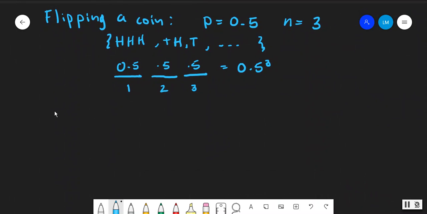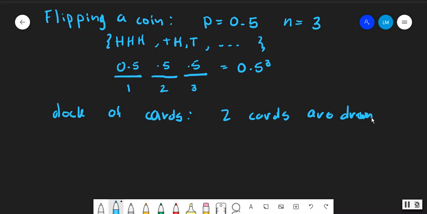Now, similarly, let's consider a deck of cards. Let's say that two cards are drawn, without, or let's say with replacement. Okay, so we'll say with replacement.